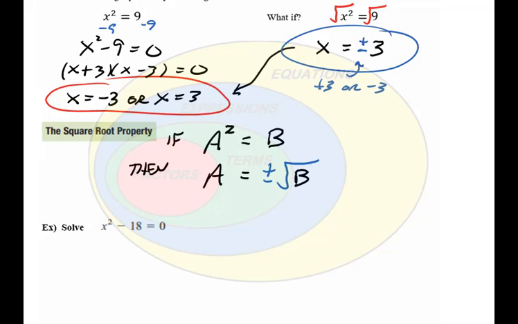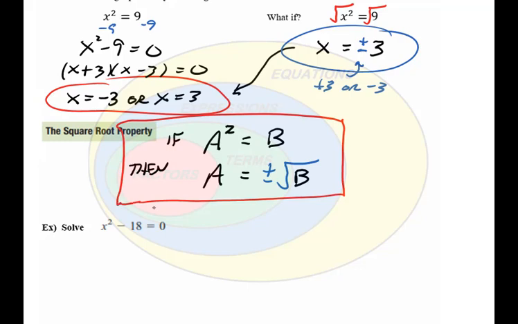So we can take the square root of each side, and this is what the square root property is telling us. So let's look at this other example. And again, the key here is that the left side should be a perfect square, so that when I take the square root, I actually simplify it. So I'm looking for a perfect square term, or a perfect square expression.